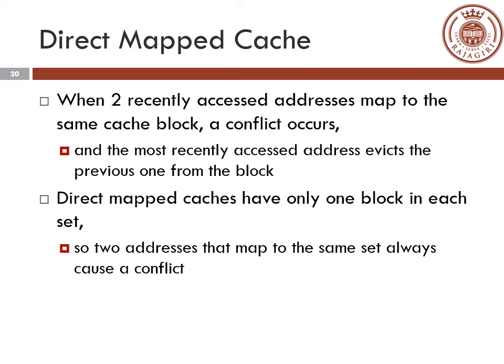If you load the data from 4 into the cache, set 1 holds the data from address 4, and if you want to read the data from 24, you will have to replace the previous one. Why? Because set 1 can hold only a single block of data. So a conflict will occur, and when a conflict occurs, we need to replace the data. Now we'll see how to do it.